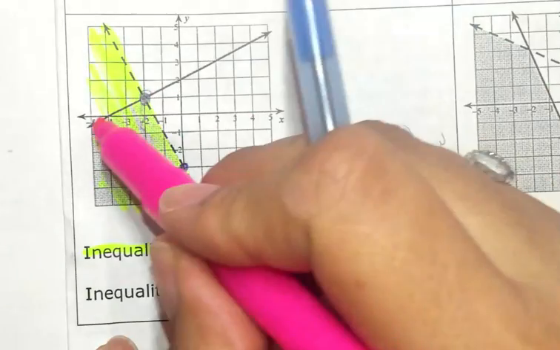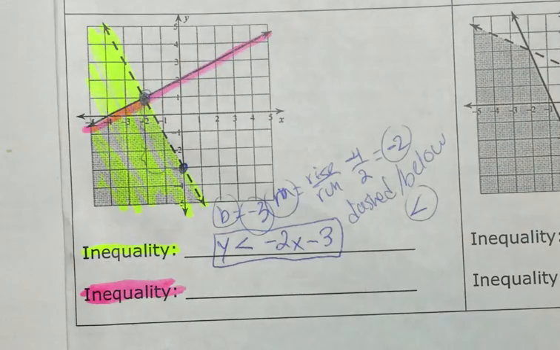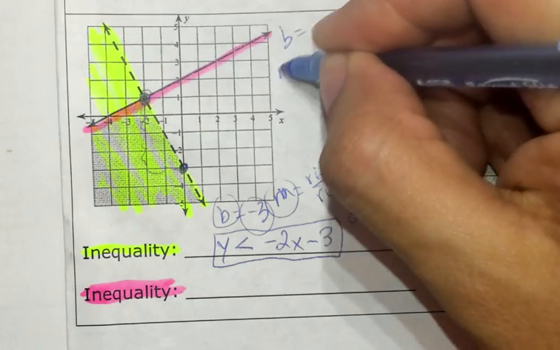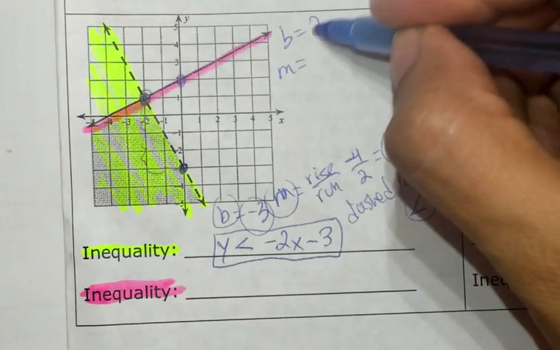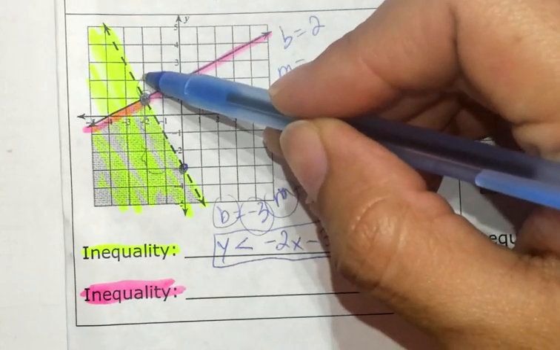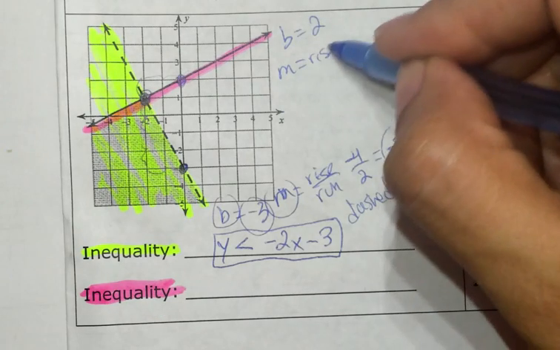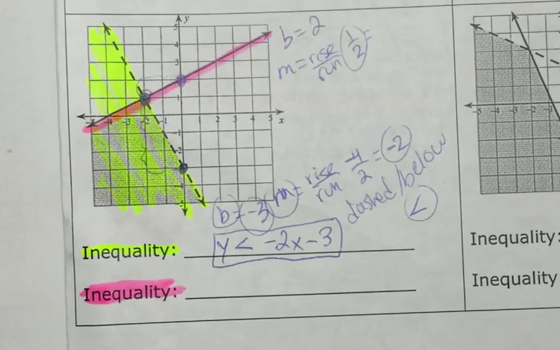Next is this one right here. So we're going to do the same steps: identify the y-intercept, identify the slope. The y-intercept is +2. The slope from this point to that point is rise 1, run 2. So rise over run, 1 over 2, and that's the simplest form.